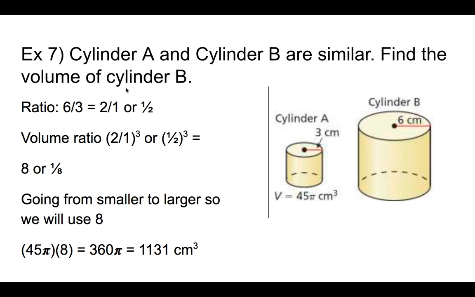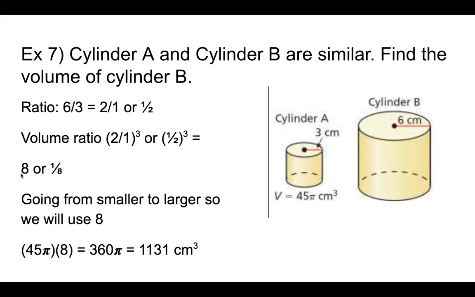What you should have done is, looking at the radii, the ratio is either 2 or 1/2, depending on whether you're doing an enlargement or a reduction. In this case, we're doing the volume ratio, so I'm going to cube each of those ratios. 2 to the power of 3 is 8, and 1/2 to the power of 3 is 1/8.